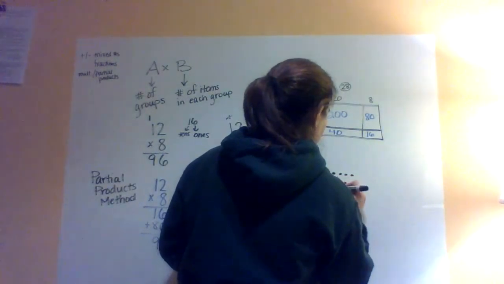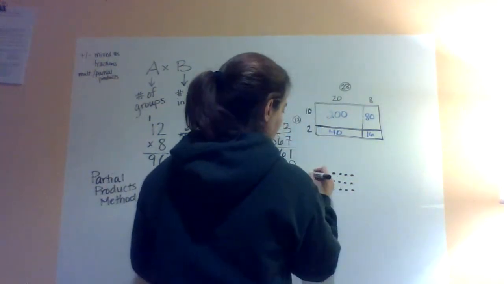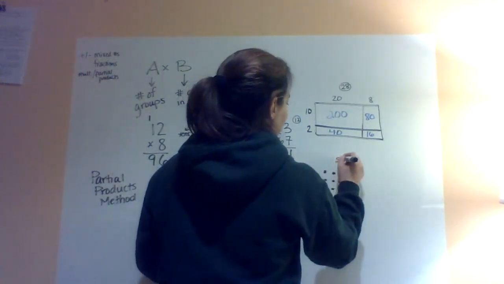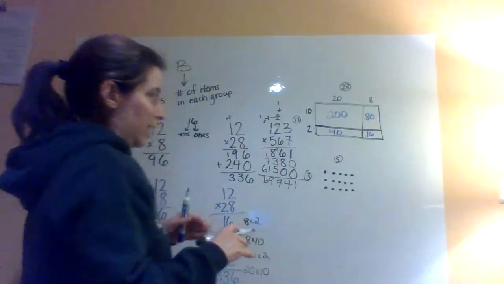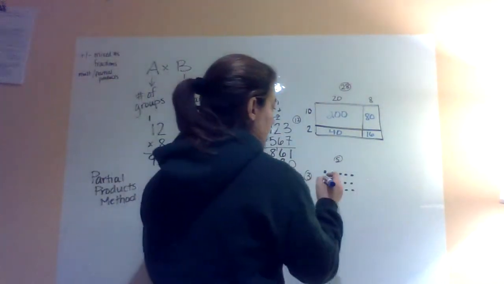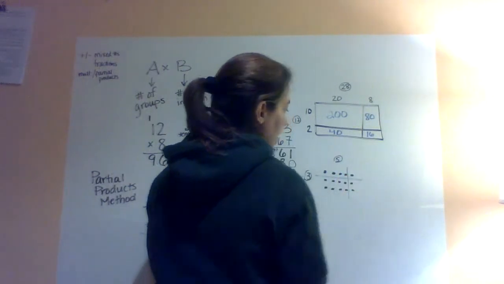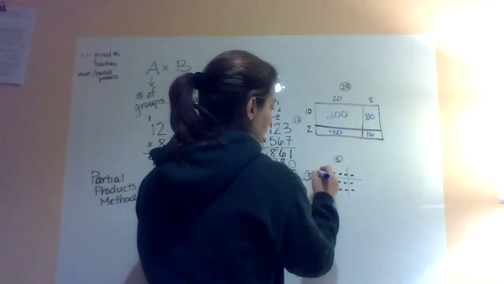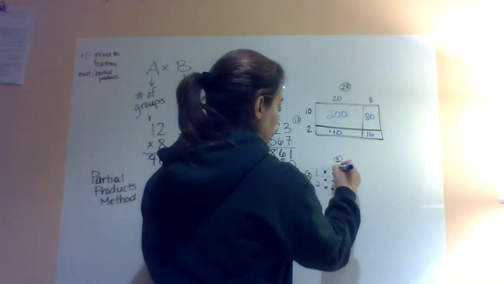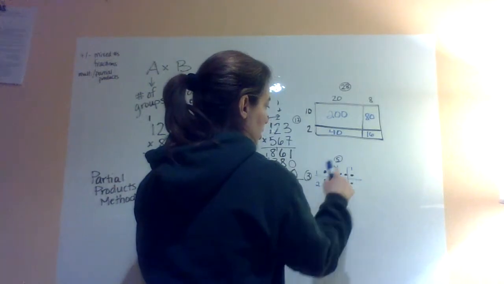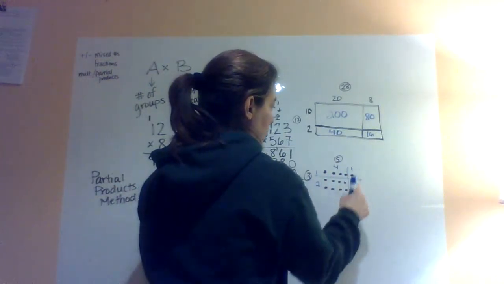It might be nice to see this even without place value. Let's say I had my original 5 by 3 again. Here's my 3, here's my 5. I'm just circling them to make it easier to see what's happening. I could split this up any way I want, just putting lines in. If this were now 1 and 2, and this were 4 and 1, then 1 times 4 is 4, 1 times 1 is 1, 2 times 4 is 8, 2 times 1 is 2.